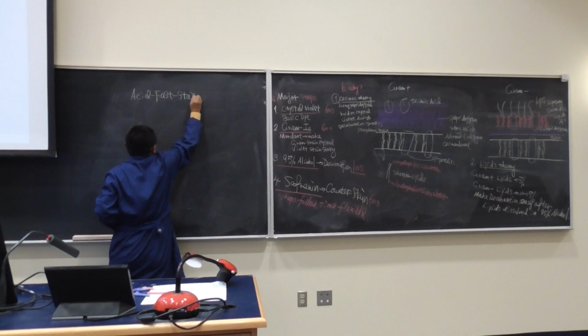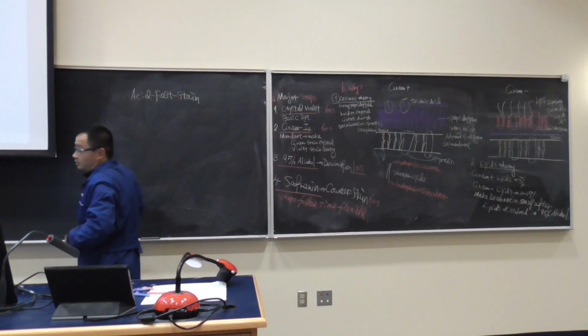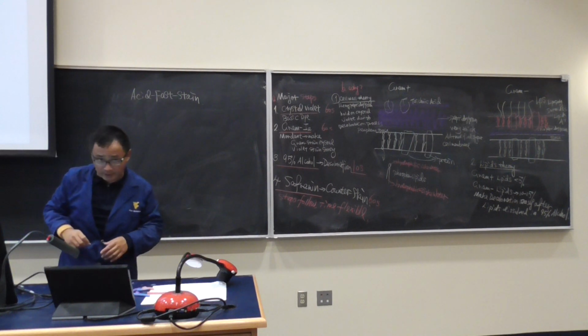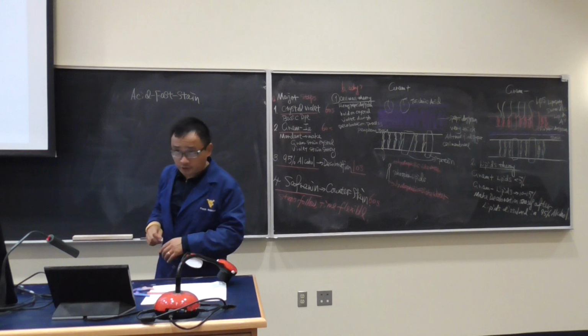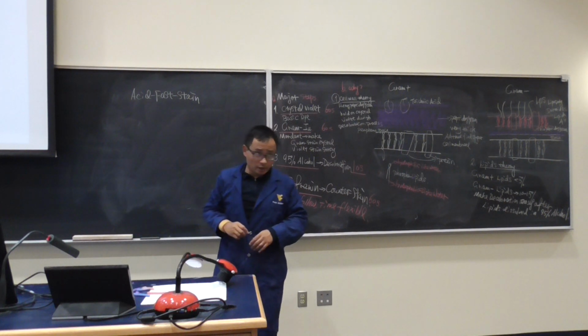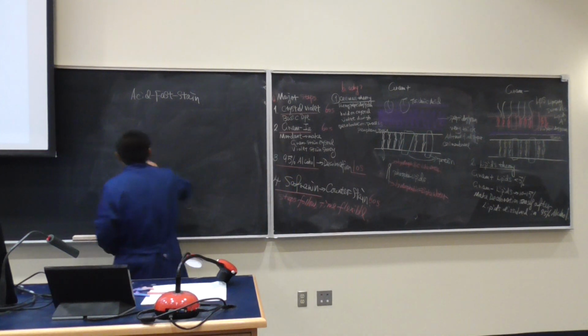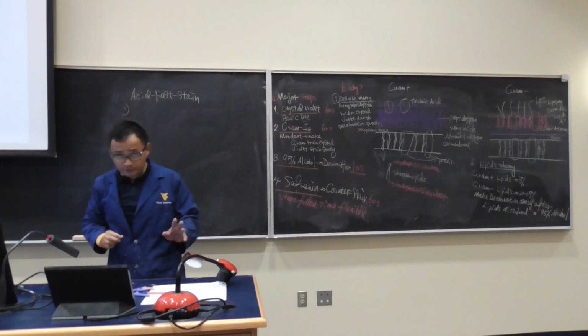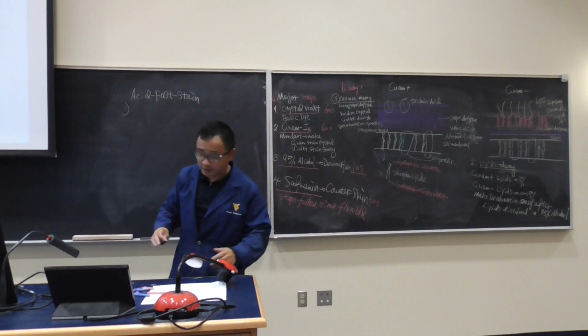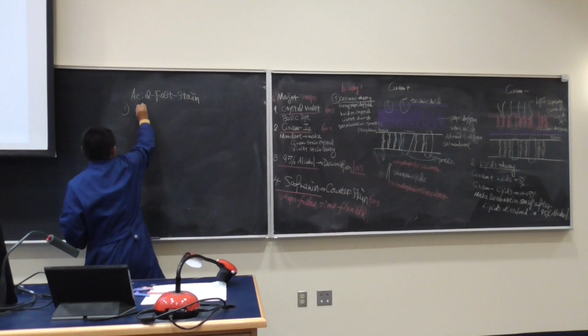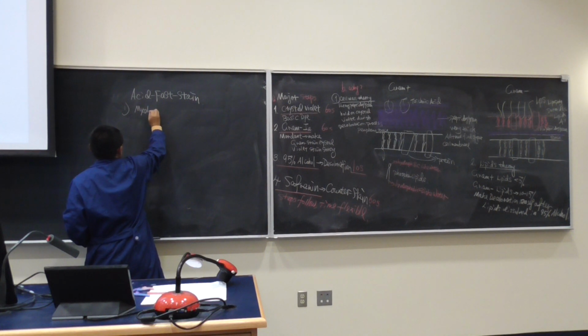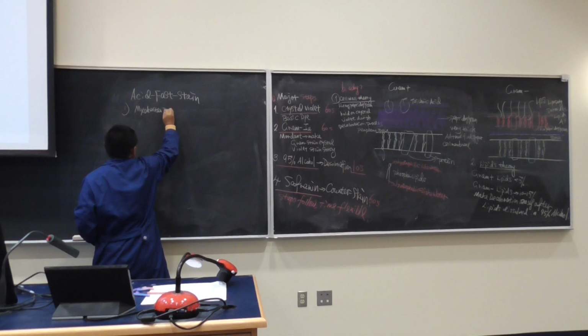But why do we want to talk about the acid-fast stain? Because we just talked about the history of microbiology, we talked about TB, tuberculosis, and with acid-fast stain, we can do that. Acid-fast stain is specifically for a group of bacteria called mycobacteria.